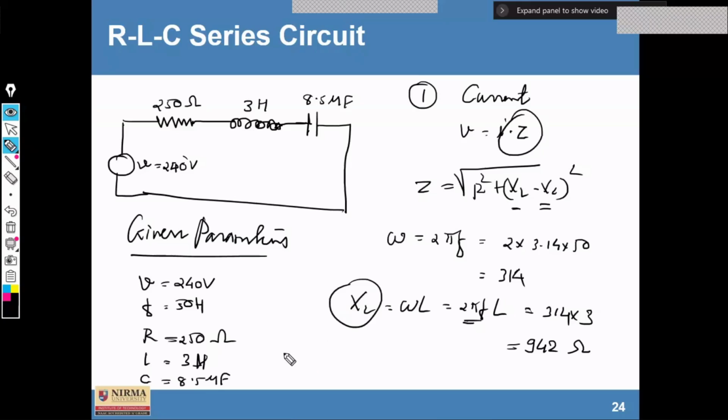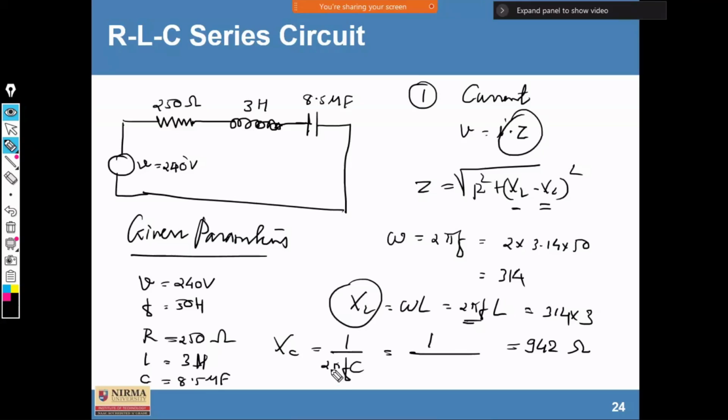Similarly, we can find the value of XC, that is equal to 1 upon 2 pi fC, or 1 upon omega C also, because omega is 2 pi f. So 314 into C. C is how much? 8.5 into 10 raised to the power minus 6, because here it is in microfarad. Clear?